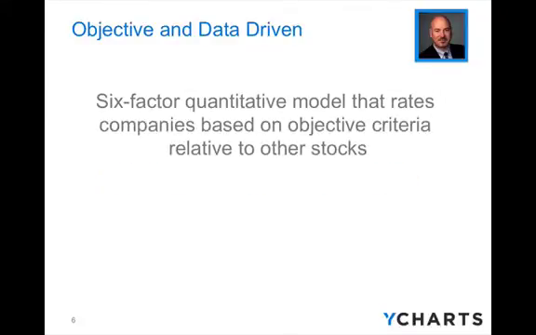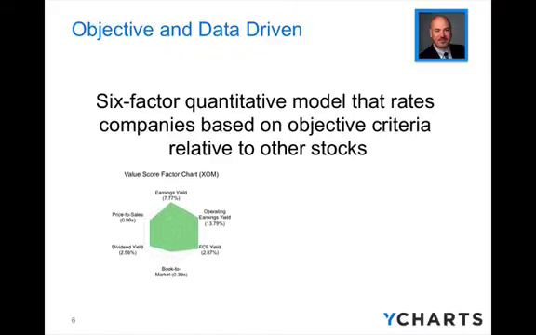Well, the value score is a quantitative model that uses 6 factors, and rates each company based on objective criteria relative to all the other stocks in the YCharts universe. Here's an example. This is the factor chart for ExxonMobil.